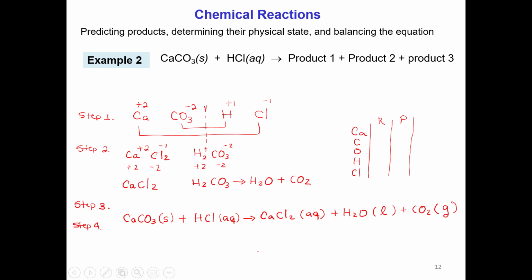And let's see. We have one calcium here, then no problem with calcium. We have the same number of calcium on both sides of the equation. Now carbon, we have one carbon here, and one carbon here. Oxygen, let's see, we have 3 oxygens here, we have 1 here, plus 2, 3 oxygens. We have 3 and 3 oxygens.